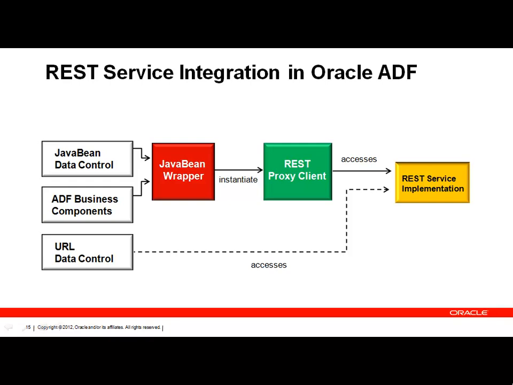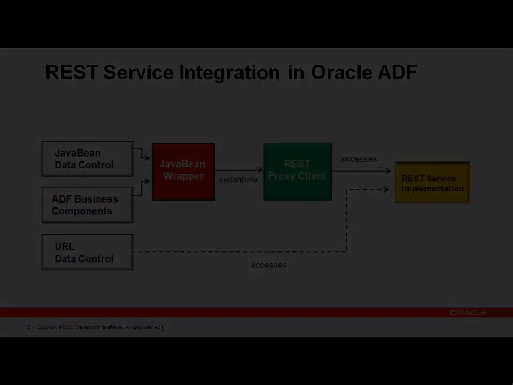So you build a Jersey client to access the RESTful service, and then have a Java Bean wrapper to dispatch the communication of the POJO data control and the ADF business components. The way that you build the POJO data control and connect ADF business components to the RESTful service is exactly the same as with JAX-WS services. The only difference is that the REST access is through the proxy client, which comes from Jersey.